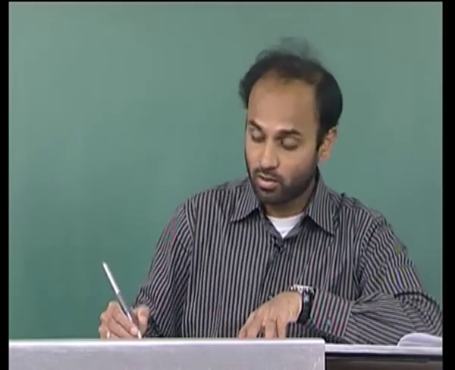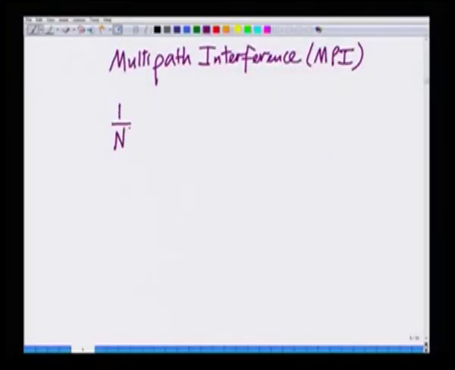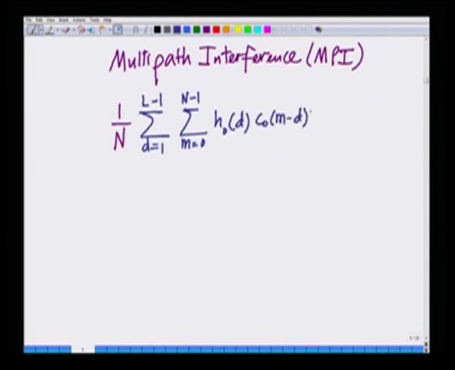And how does the multi-path interference look? The multi-path interference looks as follows, that is summation 1 over n, d equals 1 to L minus 1, that is all the L minus 1 paths other than the 0th path, summation m equals 0 to n minus 1, that is over the chips, h 0 of d c 0 of m minus d c 0 of m times the symbol s 0.